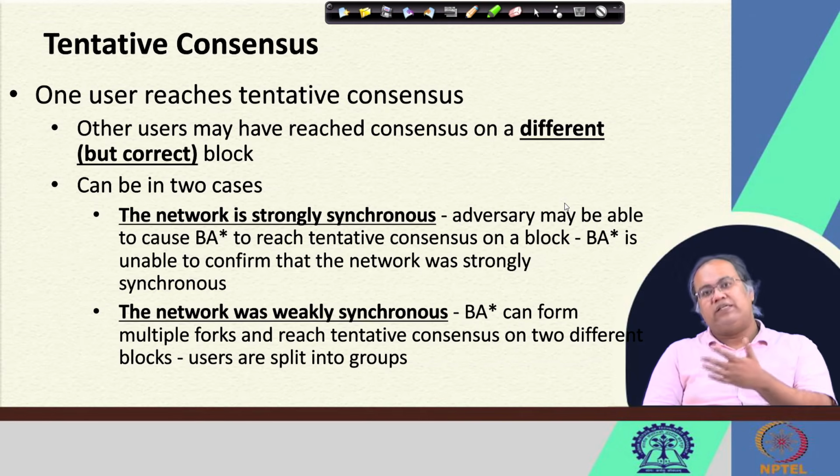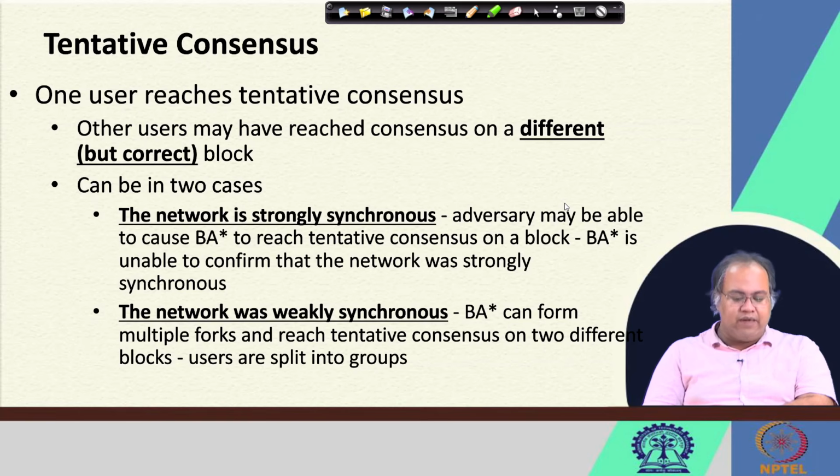But whenever the network is strongly synchronous, it might happen that a single block is still in a tentative consensus, because the Byzantine agreement protocol running at the back end is unable to confirm that the network was strongly synchronous at that point of time.